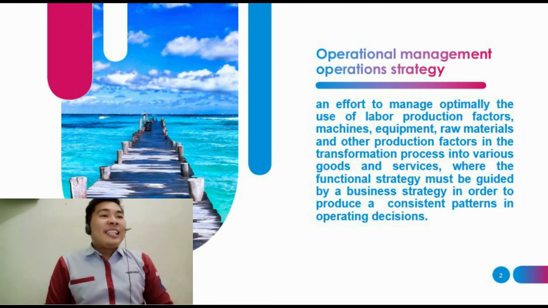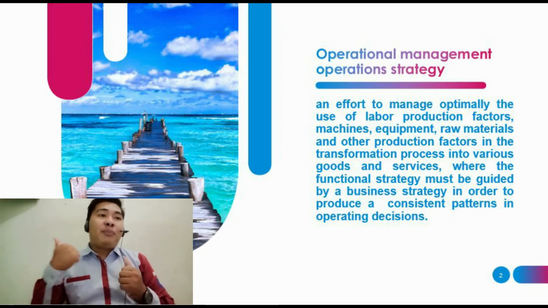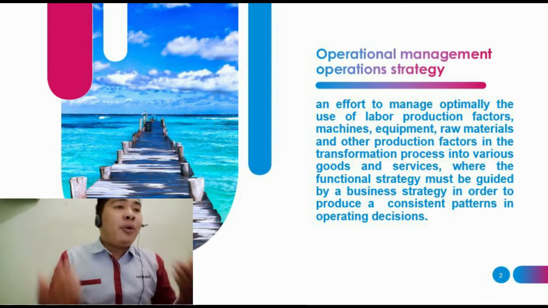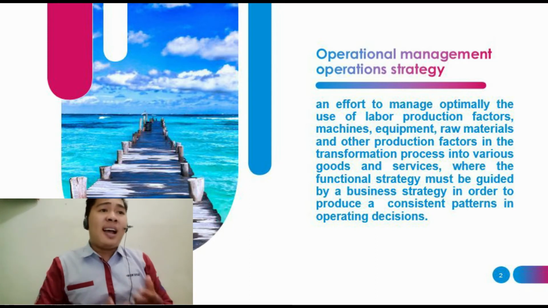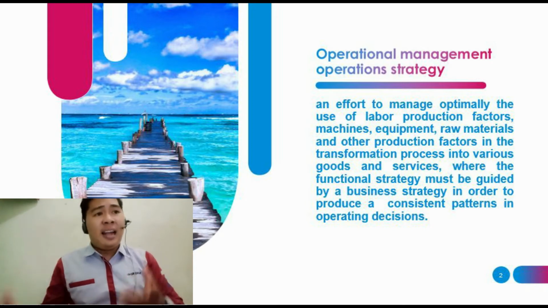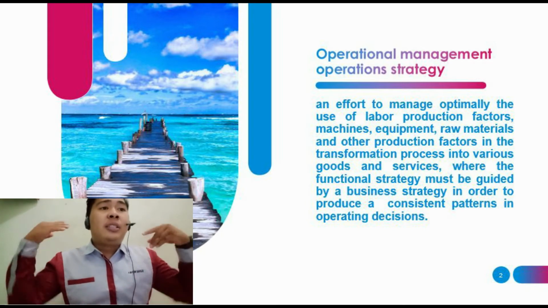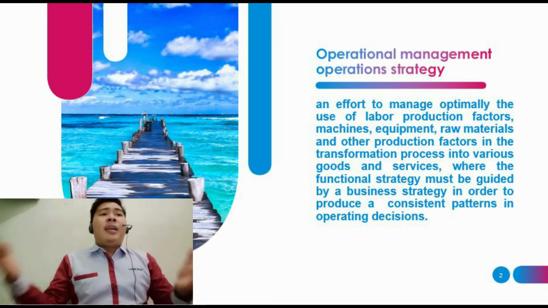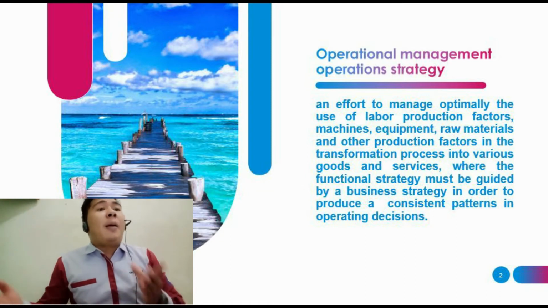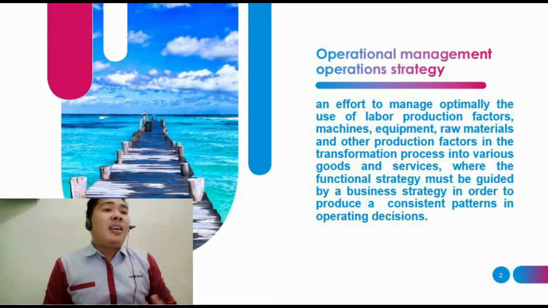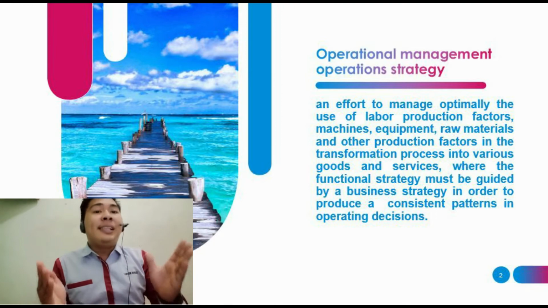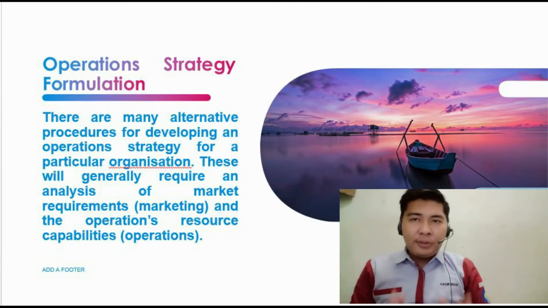Operational management, operation strategy, is the effort to manage optimally the use of labor, production factors, mechanisms, equipment, raw material, and other production factors in the transformation process into various goods and services, where a functional strategy must be guided by business strategy in order to produce a consistent pattern in the operating section. Moving to the next slide.